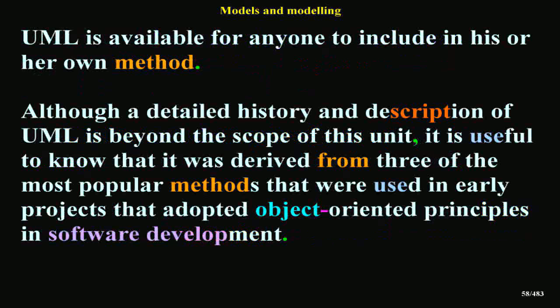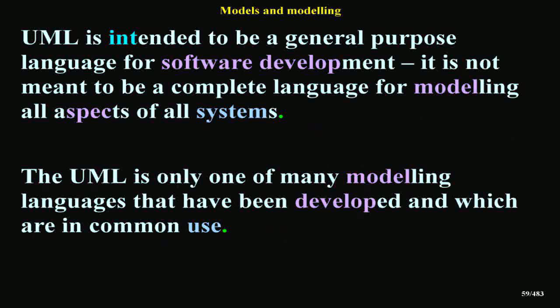Although a detailed history and description of UML is beyond the scope of this unit, it is useful to know that it was derived from 3 of the most popular methods that were used in early projects that adopted object-oriented principles in software development. UML is intended to be a general-purpose language for software development. It is not meant to be a complete language for modeling all aspects of all systems.